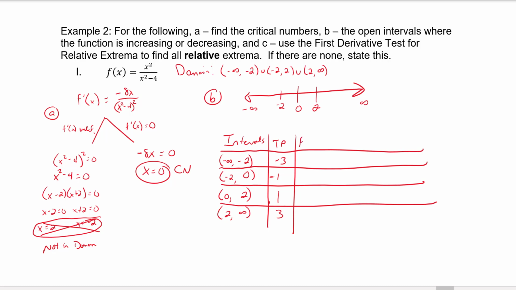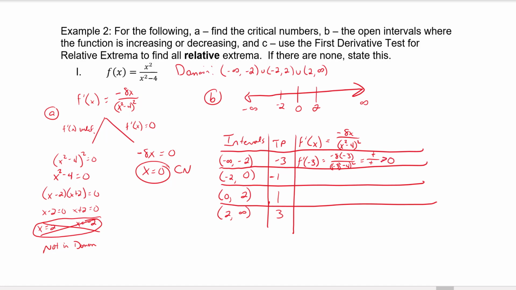All right, now we're just evaluating. F prime of x we know was negative 8x over x squared minus 4 quantity squared. So f prime of negative 3 is negative 8 times negative 3 over negative 3 squared minus 4 quantity squared. Negative 8 times negative 3 is positive. In the denominator, something squared is positive.